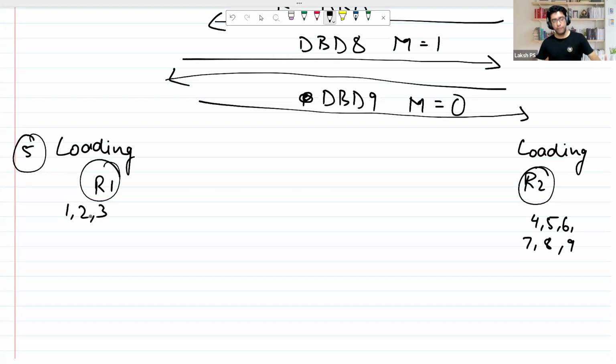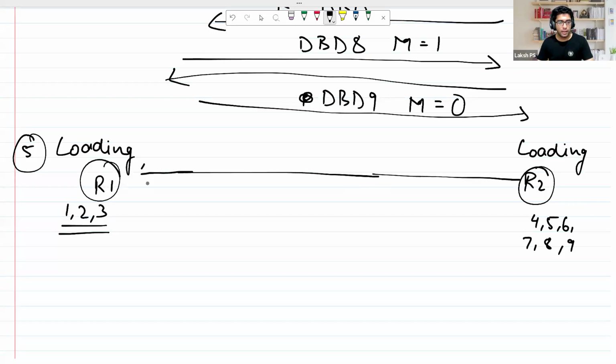Now, if R1 does not know about these DBDs, it will... R2 is the master, right? When R2 obviously does not know about the 4, 5, 6, 7, 8, 9 DBDs, it wants the whole database. So R2 will send an LSR, link state request, for DBD number 4.